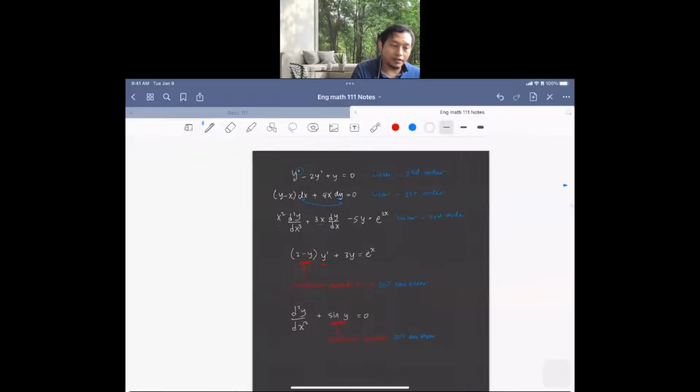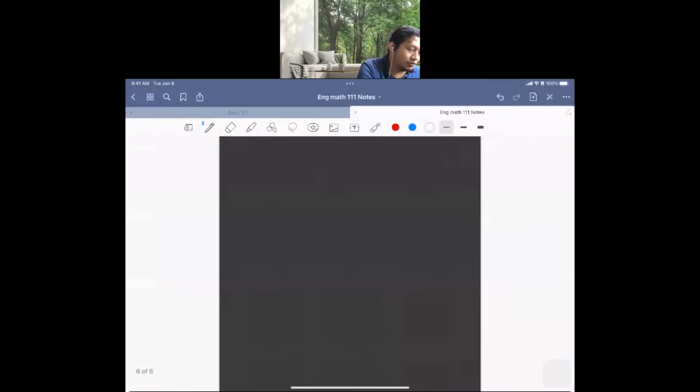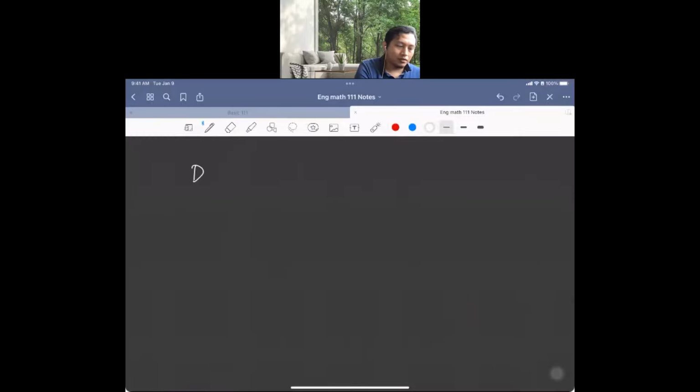Let me sum up from the beginning. I think I haven't discussed this, so let me show you the idea of the differential equation. So why do we need differential equations? First, because differentials come from the calculus part, right? If we think about calculus, it is everything that has changed.